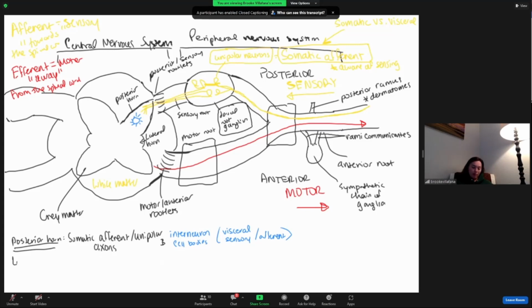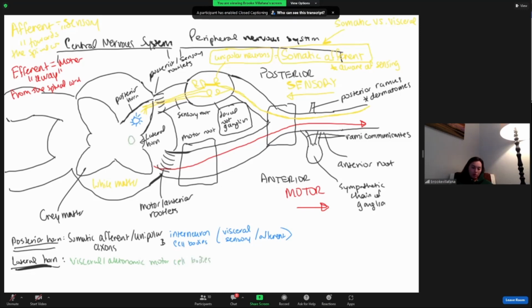So lateral horn has the, we'll do green, visceral or autonomic motor cell bodies.